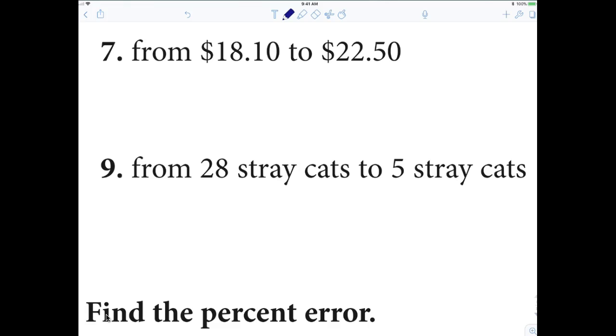No, just tell me the fraction. 4.4 over... Good. Yes. Don't wait. Get it done. Do it. Stop looking.